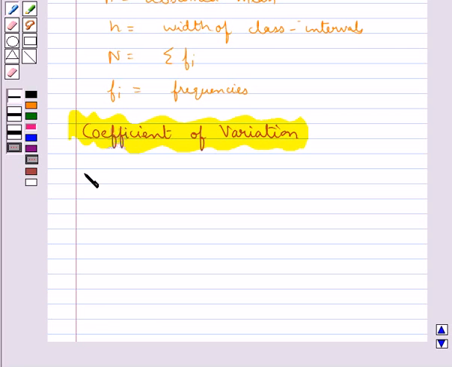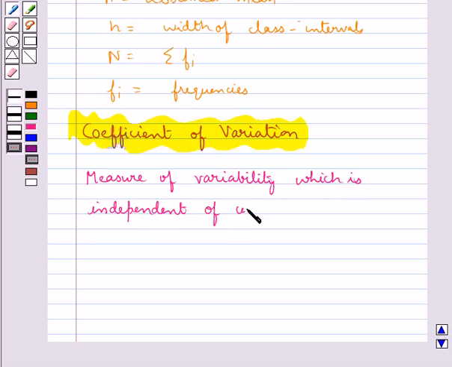So, the measure of variability which is independent of units is called coefficient of variation, denoted by CV.